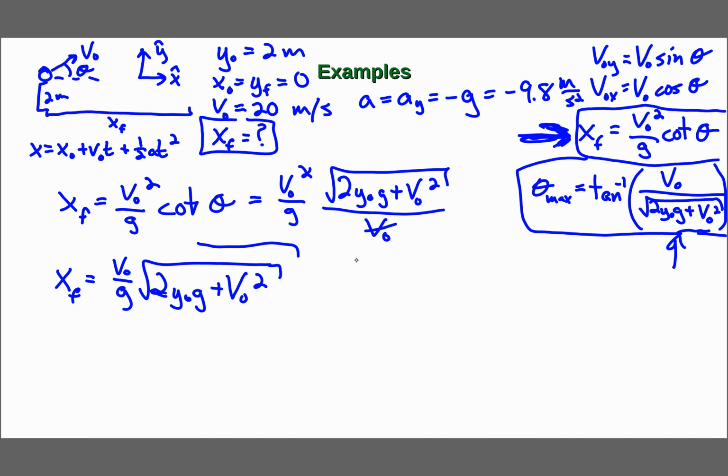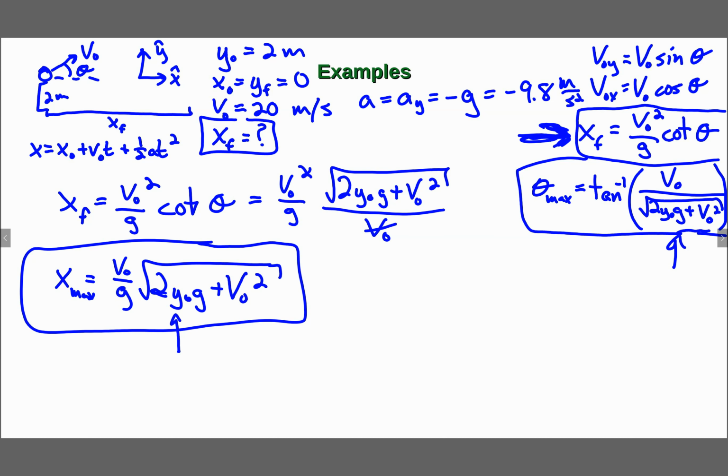Okay, and this now gives us an expression for x max, the maximum range when we have some height here. So now we have a maximum range that doesn't depend on the launch height and the landing height being the same. This height is general. So this range is general for any starting height.